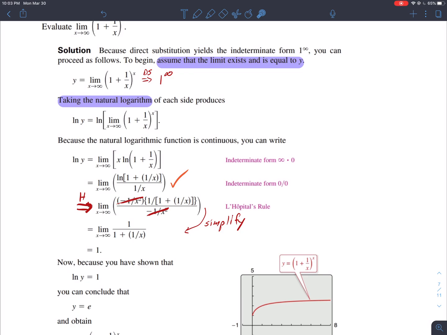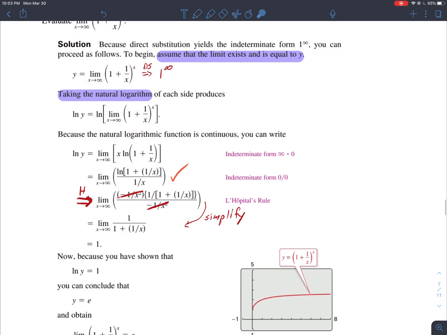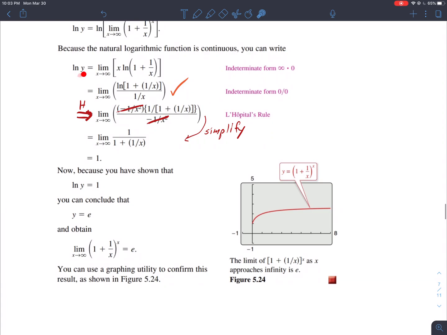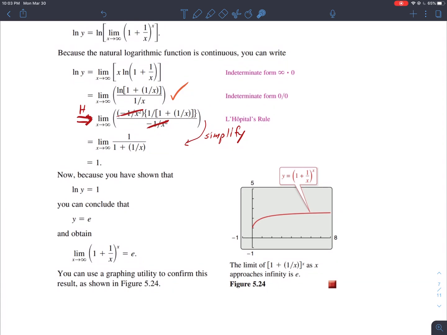Now, that is not our answer, because what we said was the natural log of y is equal to 1. That's what we did at the beginning. We took the natural log. So the limit of the natural log equaled 1. And so now, if we exponentiate, e to the ln of y is y on the left side, and e to the 1 is e. So the limit y is equal to e.